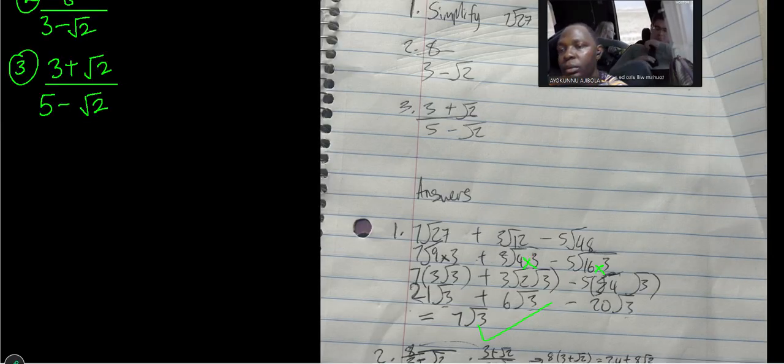And the last one we have to multiply by 5 plus root 2. So 3 times 5 is 15, then 3 root 2, and 5 root 2, that's 8 root 2. Plus 2, that's 17. Then the one at the bottom, 25 minus 2, that's 23.